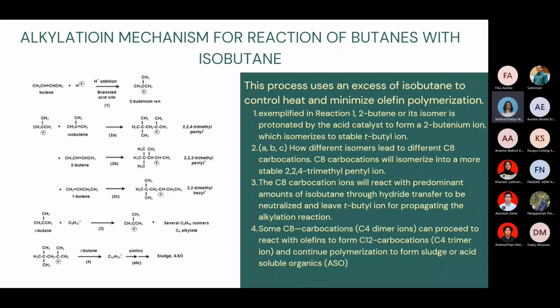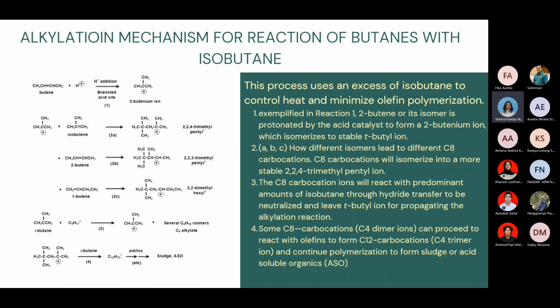And then for the next step, 2A, 2B, and 2C, we can see how different isomers lead to different C8 carbocations. C8 carbocations will isomerize into more stable 2,2,4 or 3-methylpentyl ions.